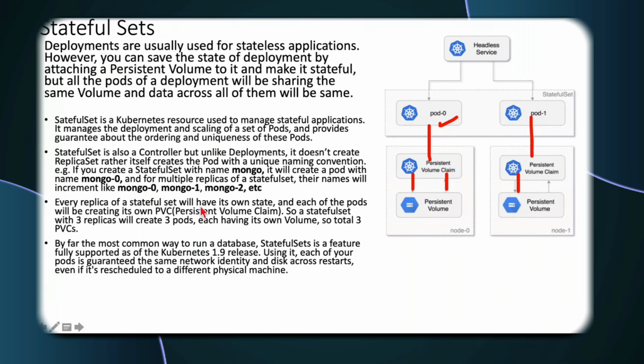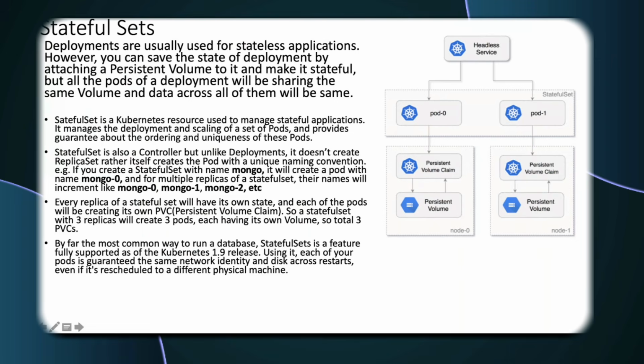So every replica of a stateful set will have its own state, and each of the pods will be creating its own PVC, and the respective PV will be there. So if I create a stateful set with 3 replicas, it will have 3 pods, each having its own volume. So a total of 3 PVCs and 3 PVs. For each PVC, there will be 1 PV.